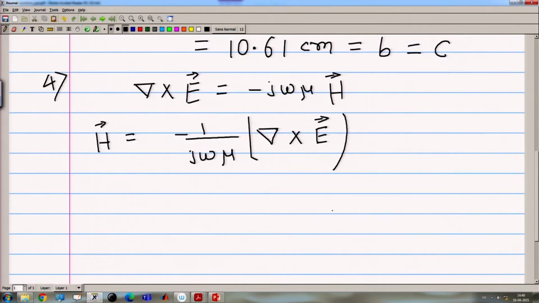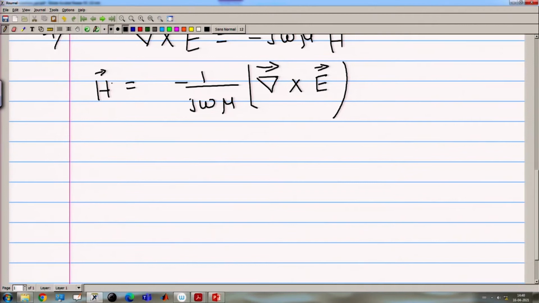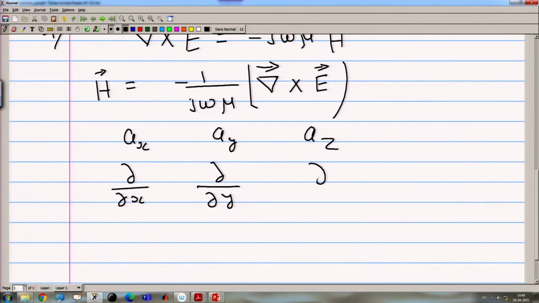For this case, this is also a vector. So, first we have to find out del cross E. To find del cross E, we have to use the determinant with Ax, Ay, Az, then del by del x, del by del y, del by del z, and Ex, Ey, Ez.